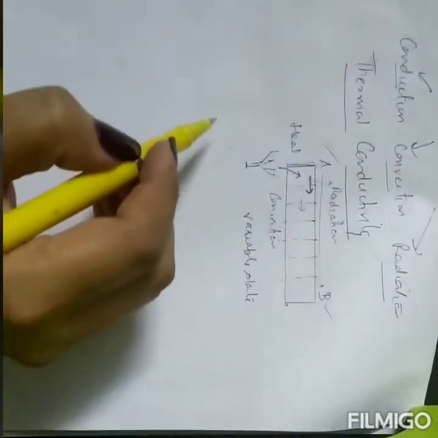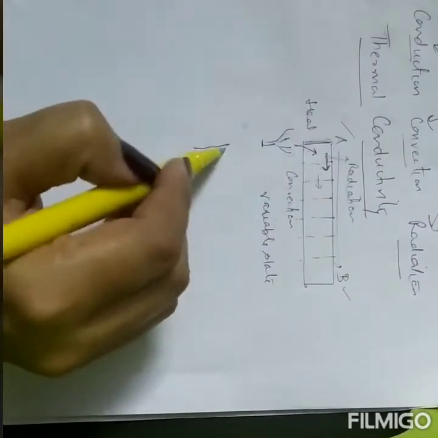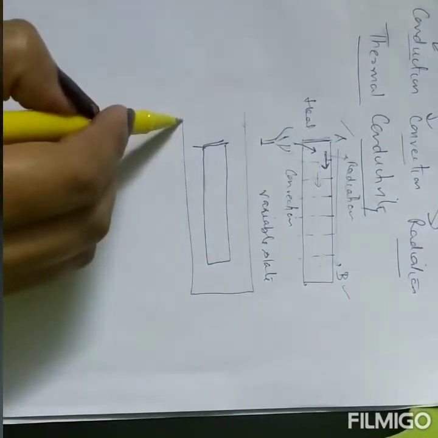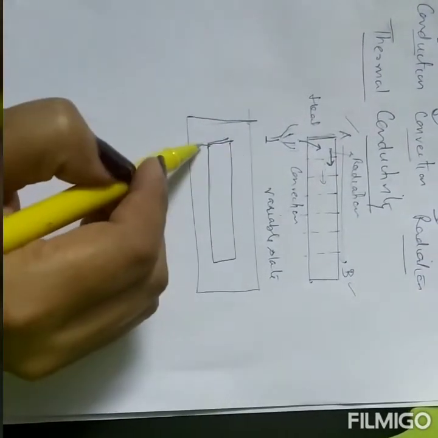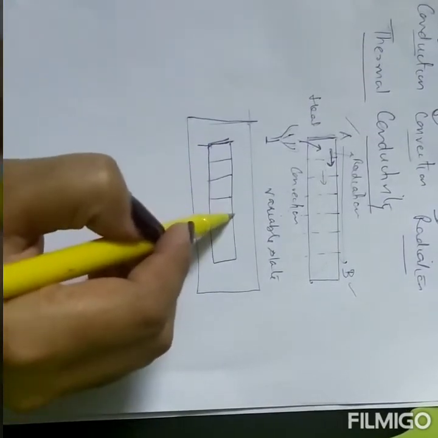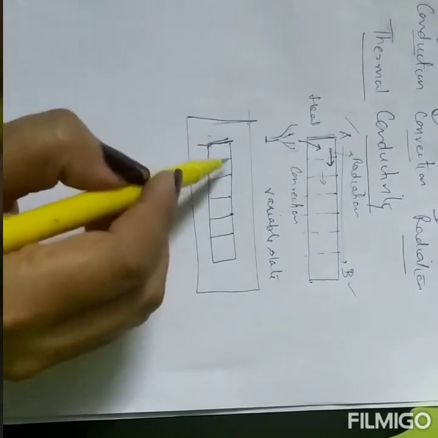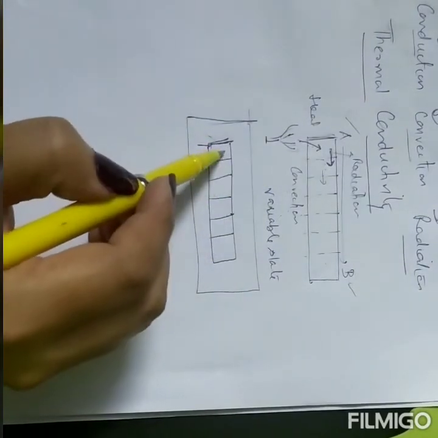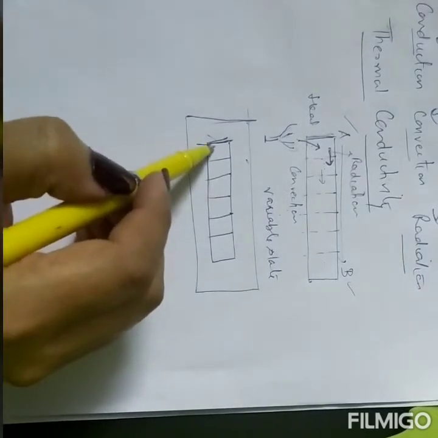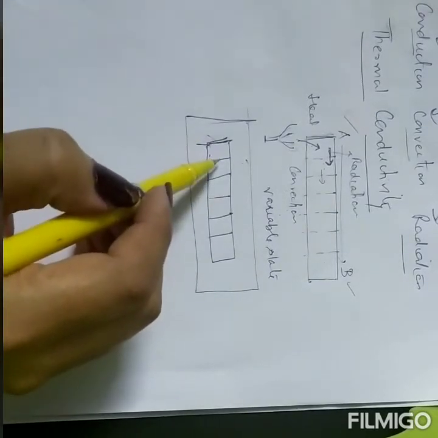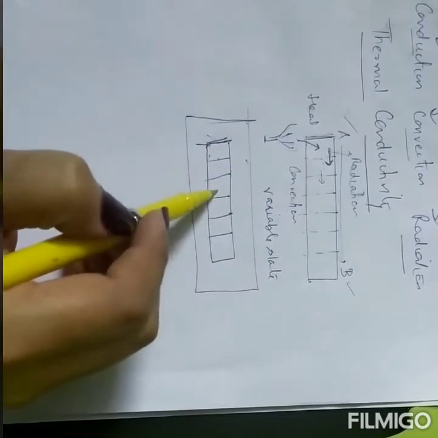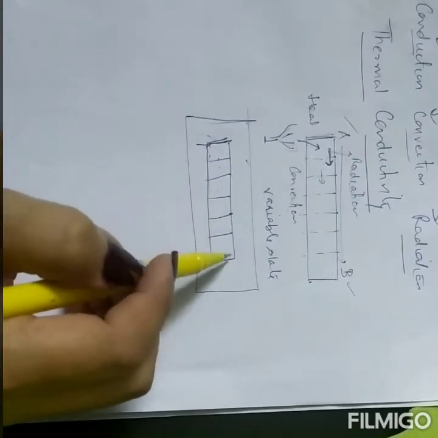Now suppose you cover the whole rod with an insulating material, enclosed in an insulating container. Then no more heat is absorbed, and it will not lose any heat due to radiation or convection. Whatever heat it absorbs, it passes to the next section, and so on.